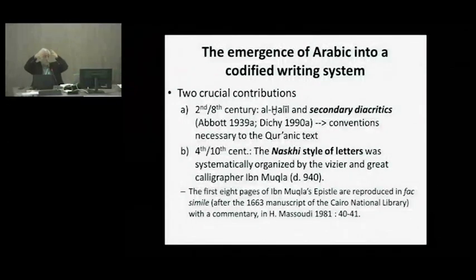And the legend has it that his hand was cut off for political reasons, and that he kept on doing his magnificent writings. He was an artist, either with his left hand or what was left of his first hand. The first 8 pages of Ibn Muqla's epistle are reproduced in facsimile with a commentary in Hassan Mas'oudi, La calligraphie arabe vivante.